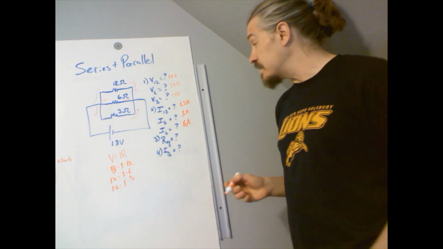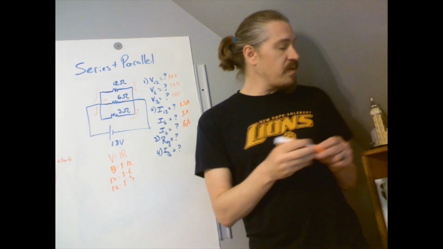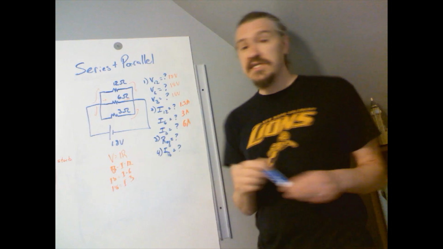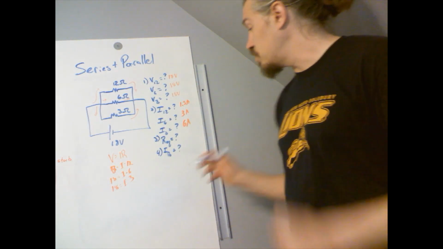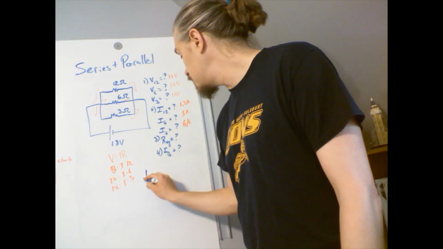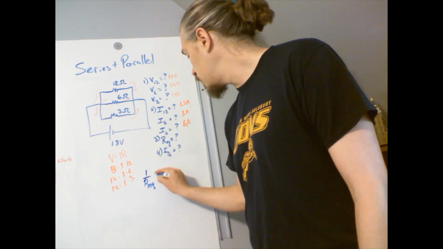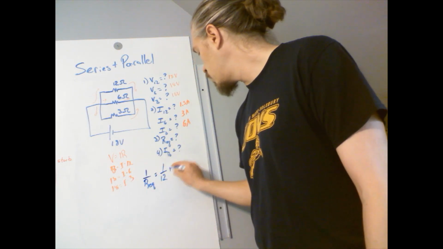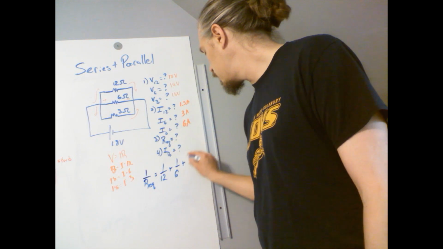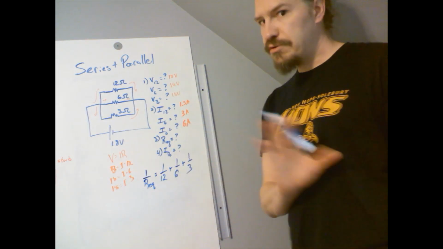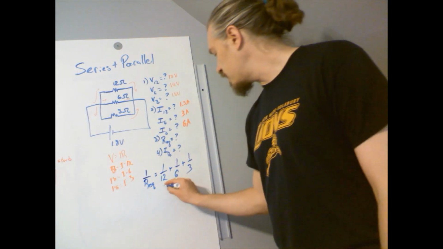That's really easy. Equivalent resistors are a little bit more complicated. Just keep in mind, we're using a reciprocal is equal to a sum of reciprocals. You can do this with a calculator, or you can just do a little bit of common denominators.